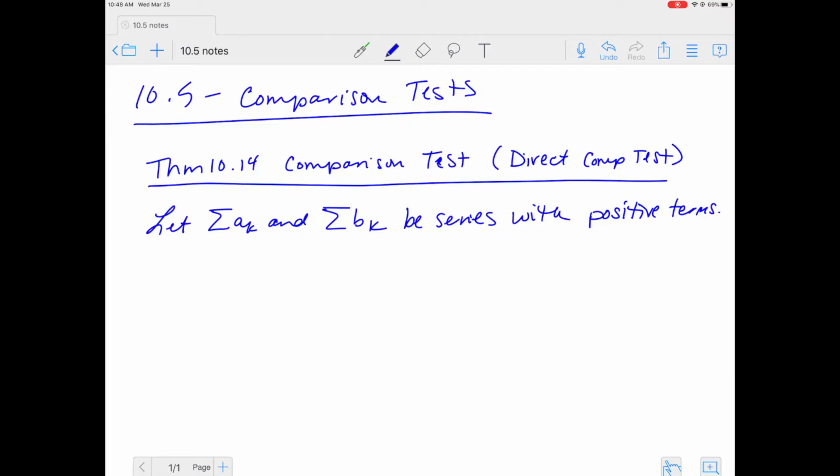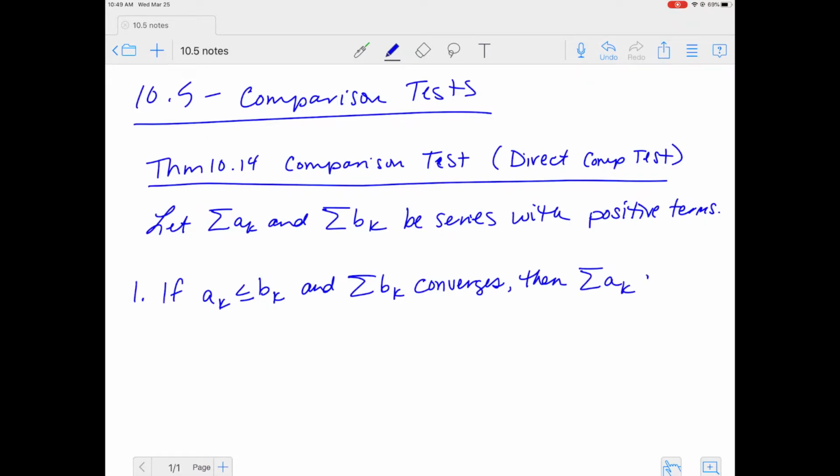With this criteria, now, if A sub k is less than or equal to B sub k, and the series B sub k converges, then the series A sub k also converges.